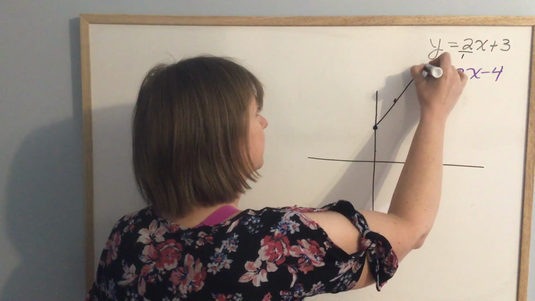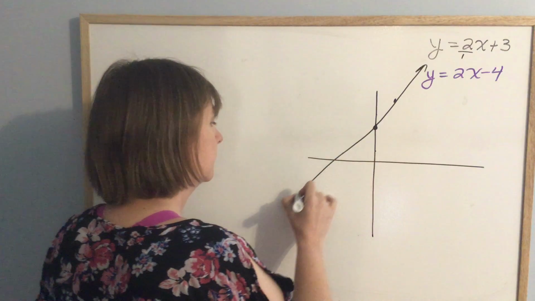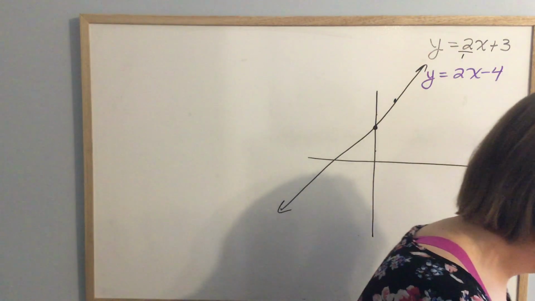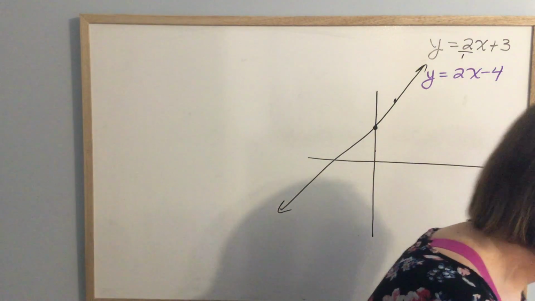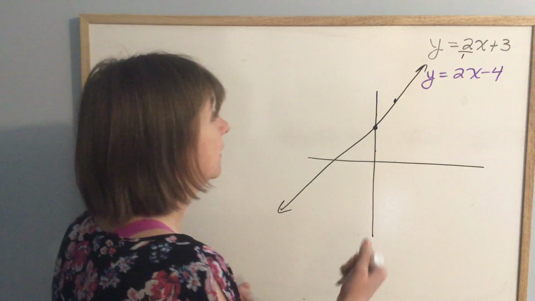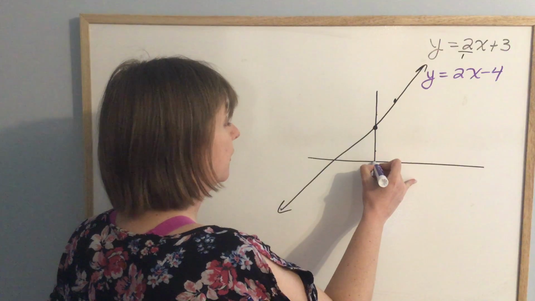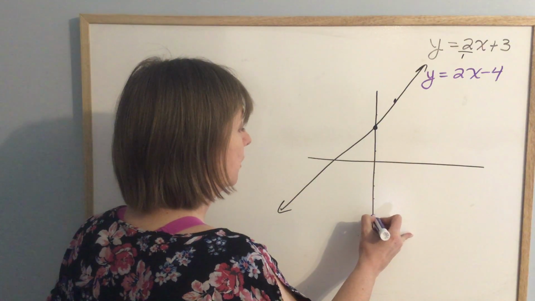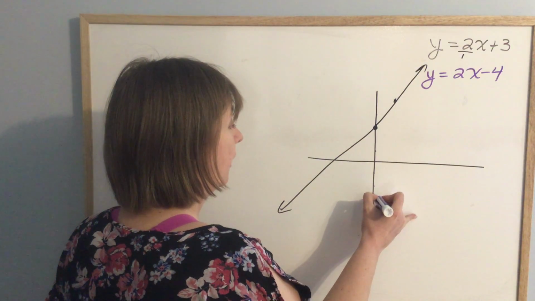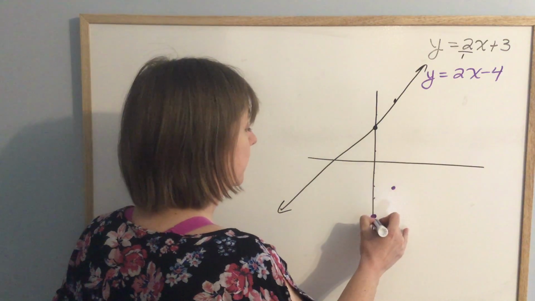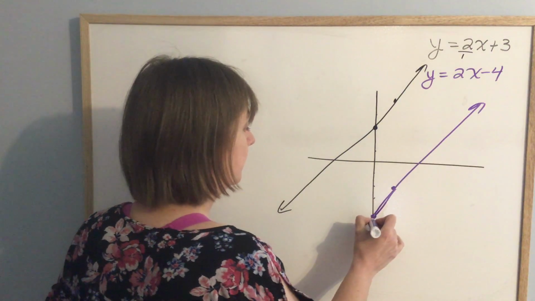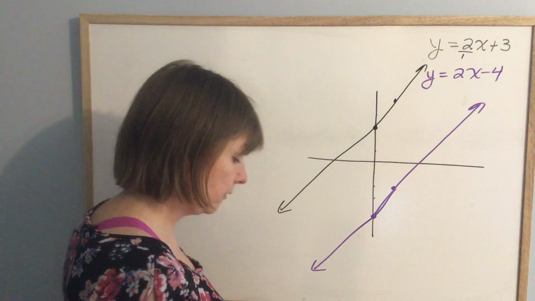So here's that line. The purple line is y is equal to 2x minus 4. So this time the y-intercept is at negative 4, 1, 2, 3, 4. The slope is still up 2 and over 1. So it creates these 2 parallel lines.